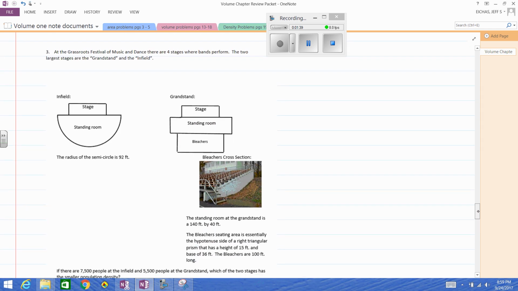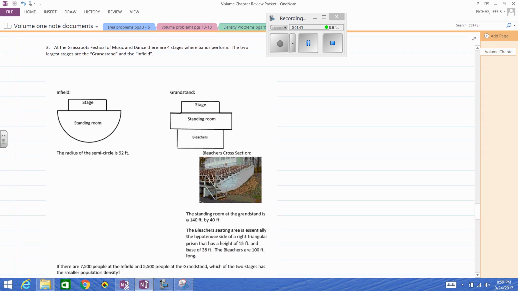Next, another pretty involved question. So what we have is in the infield, there's 7,500 people, and in the grandstand, there's 5,500 people. We want to know which one has the smaller population density.